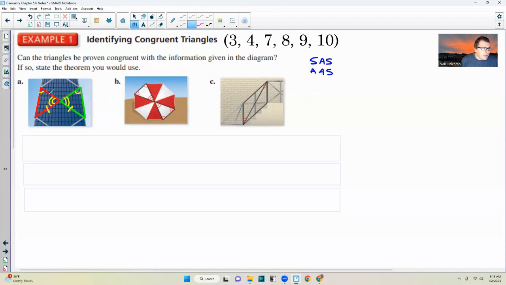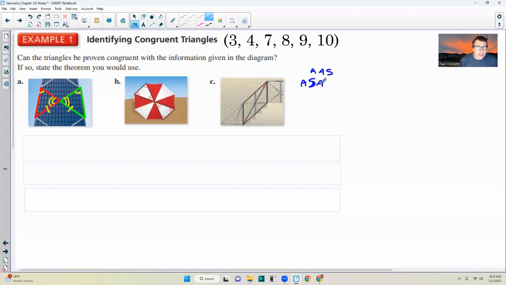So I now have two angles and a non-included side. You have to be able to identify what sides are included. So if I have two angles marked, this side here would be included. All right, so it's not angle side angle. We aren't doing side angle side this chapter.